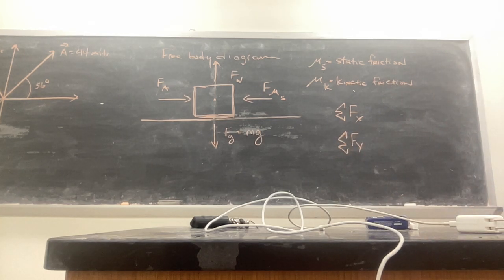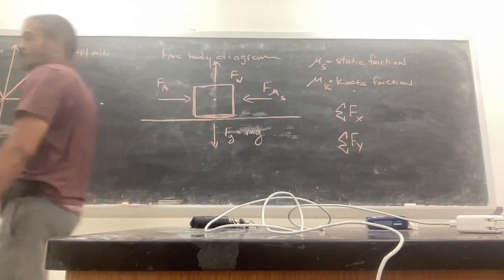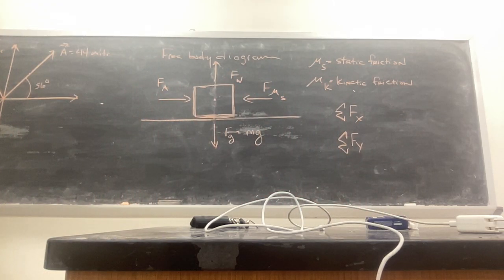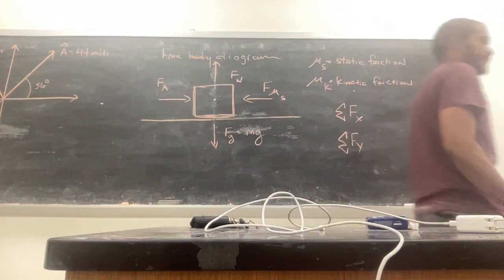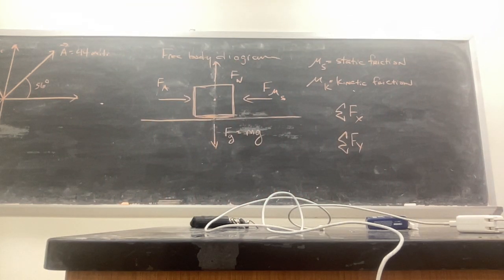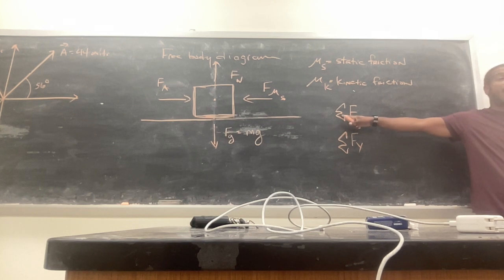Sigma. That's a Greek term, right? We got sigma, we got theta, we got all those Greek terms. Wait, so those two symbols mean that they're equal? No, those two symbols mean that we're summing the forces in the X. Sigma means sum.